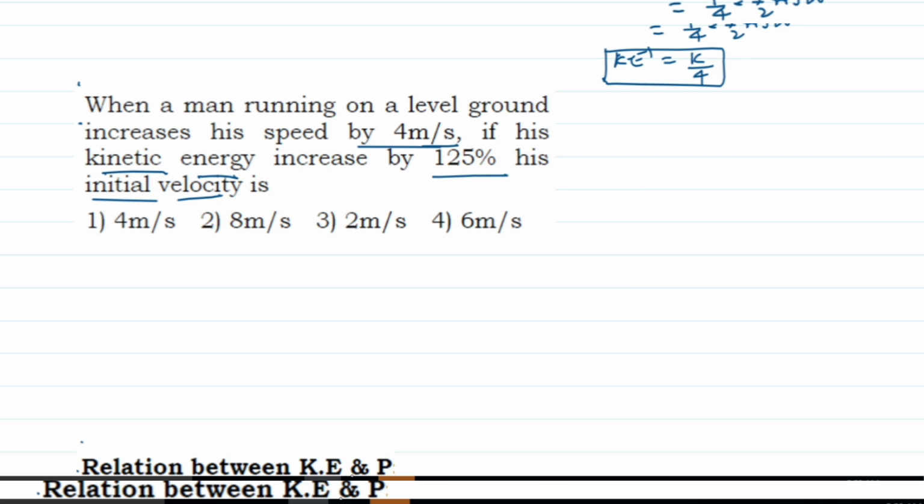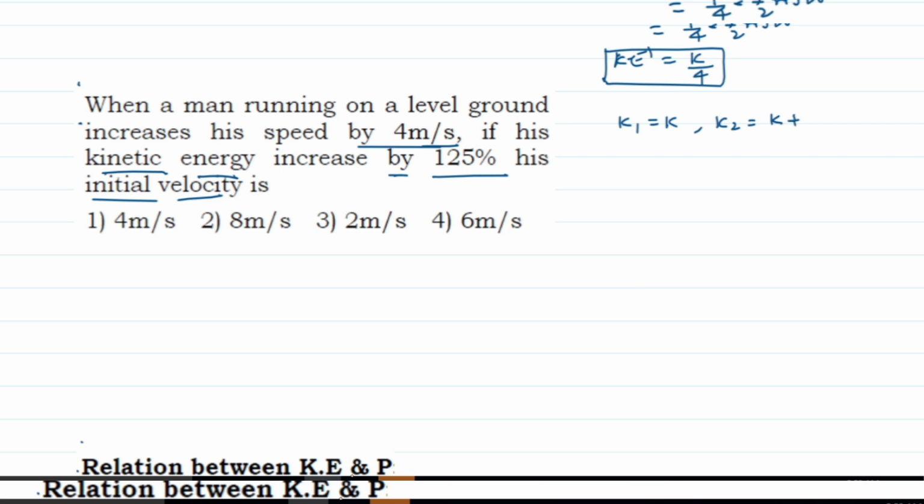Let us see here. The first thing is, the initial kinetic energy you can take as K. Now the kinetic energy is increasing by 125%. Students, in any question, when it is given in this sense, you have to take it as 125% of the initial kinetic energy.